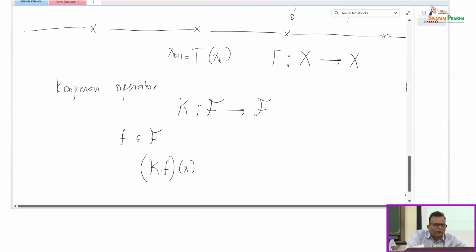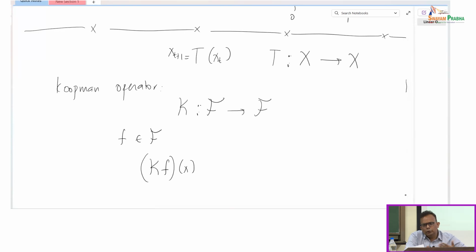The value of the new function at x is given by taking the old function f and making it act on T of x. So the value of the new function at point x is the same as the old function evaluated at T of x.